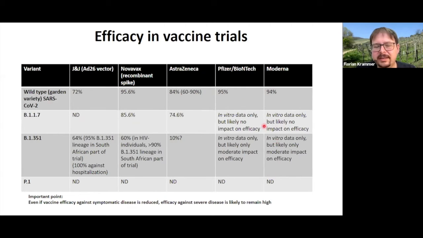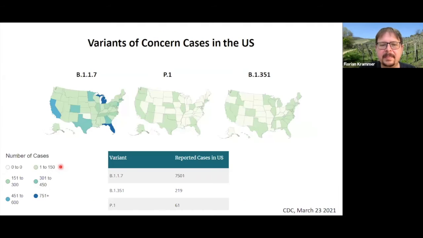We don't know yet against these variants, not just because nobody tried to look at that. The problem is that these clinical trials were done very early on when the variants were not around. But there's in vitro data, neutralization data, that suggests that those vaccines still protect against these variants. The important thing to realize here is against severe disease, all of these vaccines probably protect, even if you get infected with a variant.